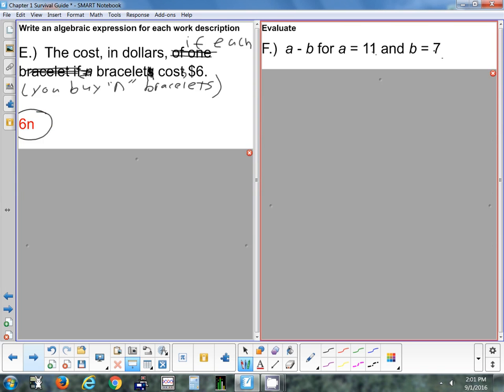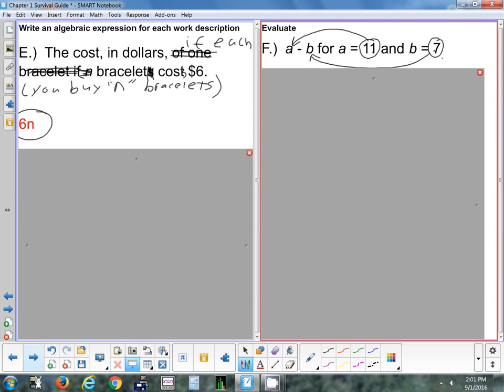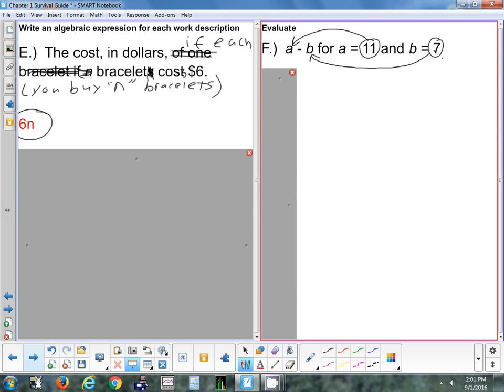What are you going to replace the A with? Yeah, you're going to plug in 11 for A. And what about B? What am I going to plug in for that? Yeah, we're going to plug in 7.